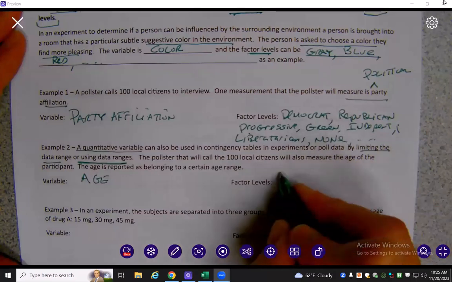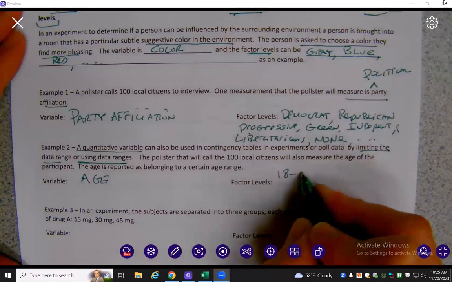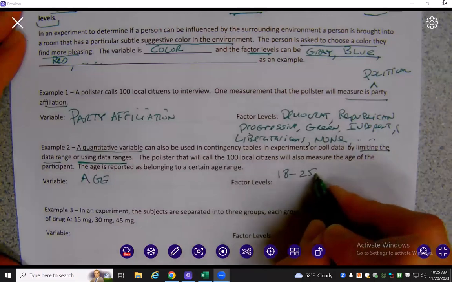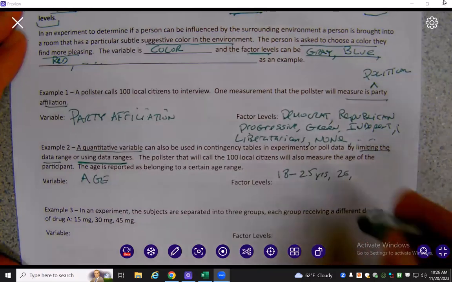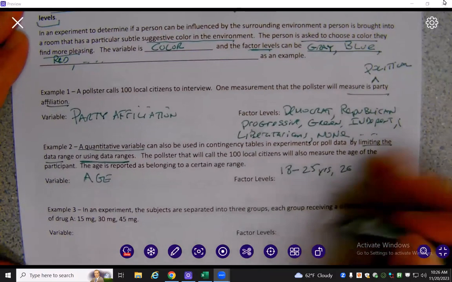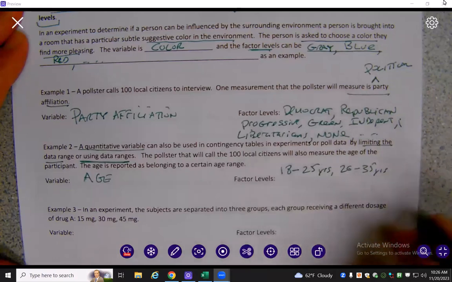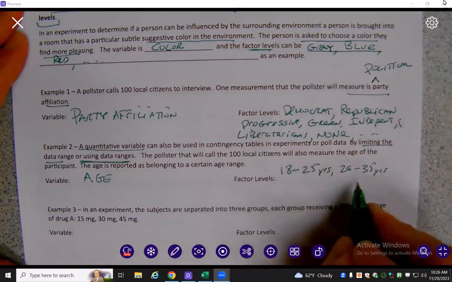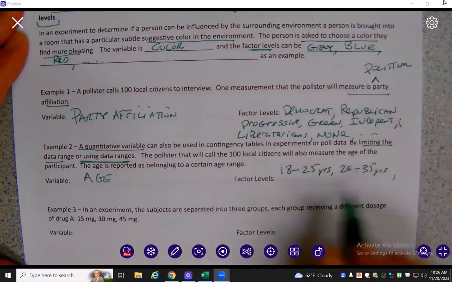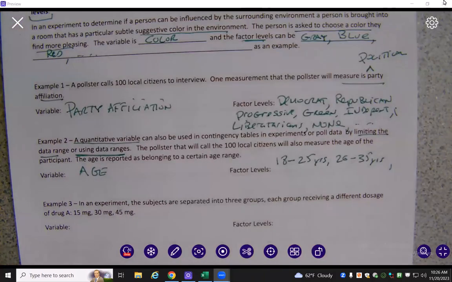Typically, you'll see this all the time. They're really numerical, but we'll go 18 to 25 years of age, or then maybe 26 to 35 years of age. They just break it down into ranges. And of course, these don't have to be equal in width, because they don't care. Sometimes they group this according to what they think is a more likely cohesive group.